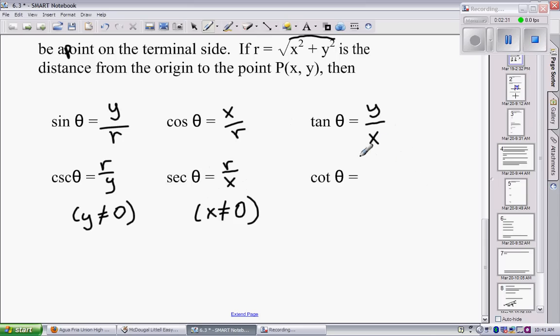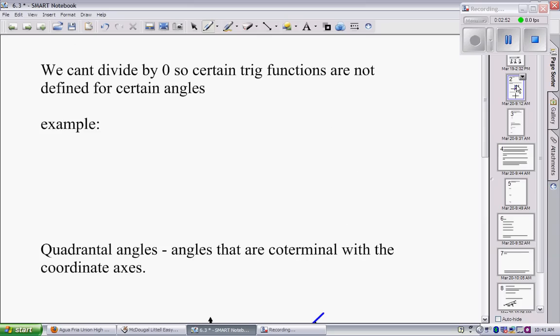And the cotangent will be x over y, and y cannot equal 0. We're saying that these can't be 0 because you can't divide by 0. If we tried, some of the trig functions will be undefined.